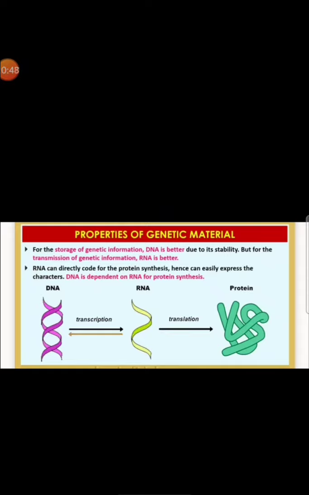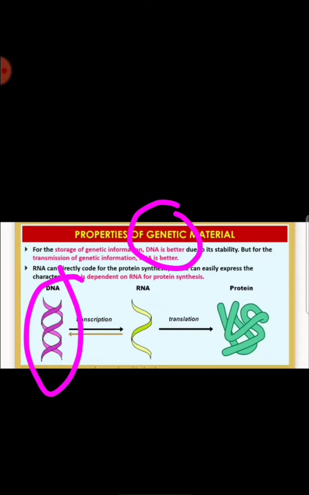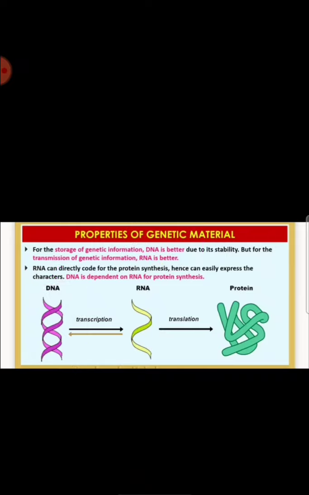For the storage of genetic information, DNA is better because, as we said, it is more stable, so you can store genetic information in it. Storage of genetic information in our body is more suitable in DNA because it is more stable. But for the transmission of genetic information, RNA is better.